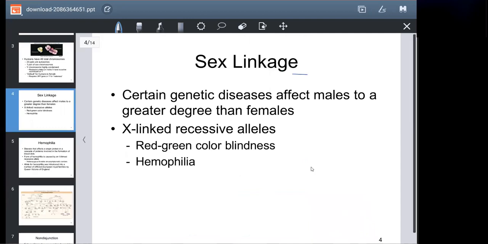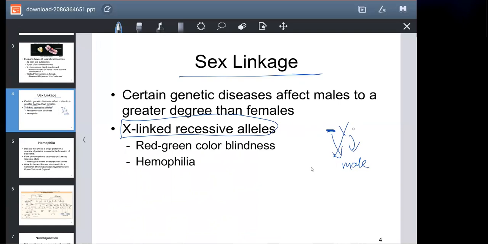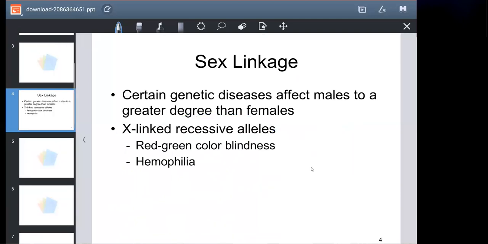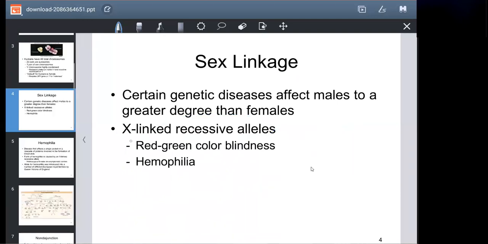We call these genes sex-linked, and usually we mainly talk about the X-linked ones. The main reason is the Y chromosome is only in males. As long as a gene is on the Y chromosome, it always affects males, because females don't have it, and males will always show it. So whenever we talk about sex-linked, usually we're talking about X-linked.